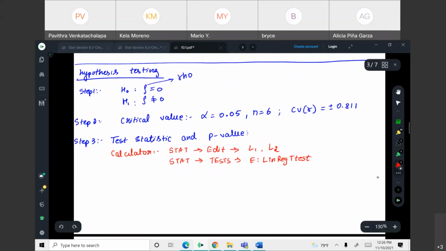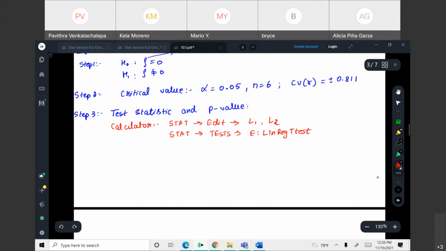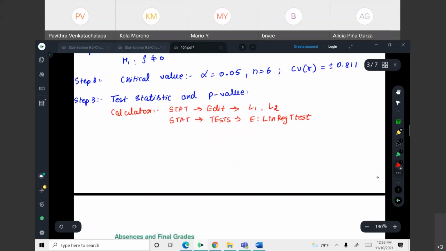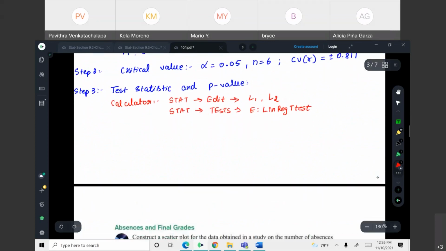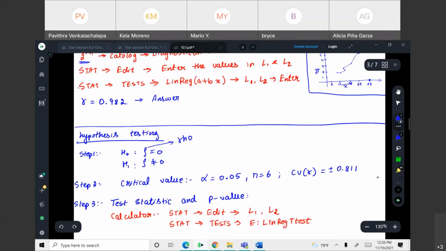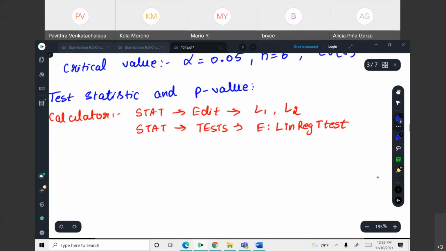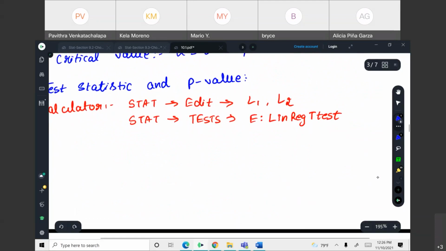It depends on whether you're rejecting or not rejecting. Once you do this, the statistics and find the p-value, you will get your answer. So do this step and tell me the answer. I will show you the column here. Just note down the steps in a notebook and then I will show you the question.